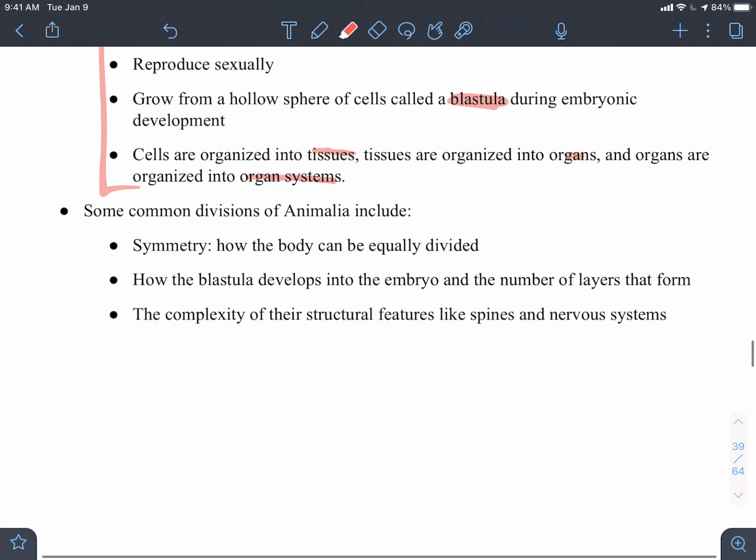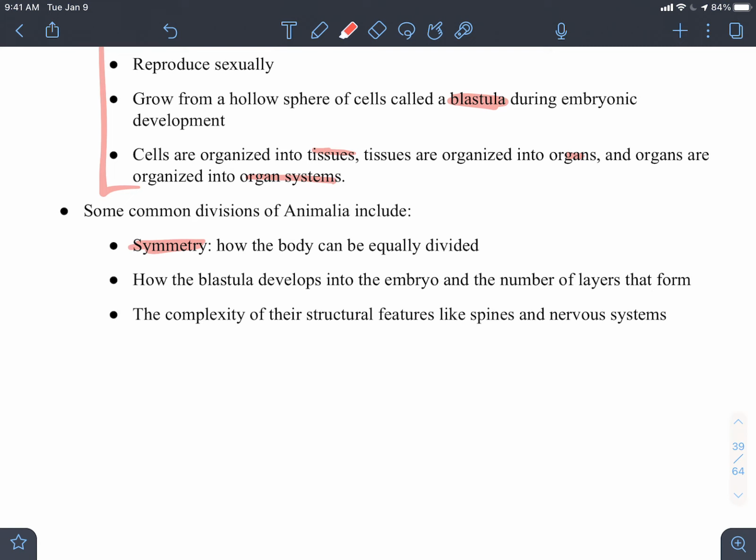Some things that we also talk about in Animalia when we're dividing Animalia further, and we'll have another video on phyla that'll be a little bit of an optional video. These divisions in Animalia are going to be about things like symmetry. How is the body divided? Is it divided down the middle like you and me?